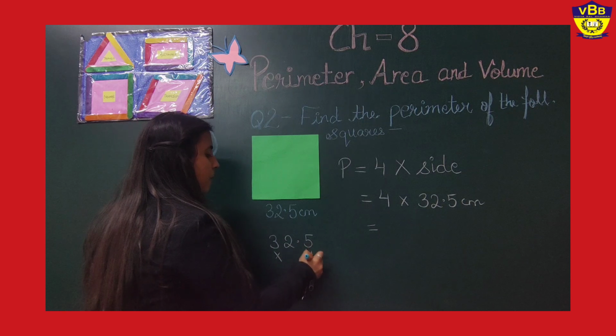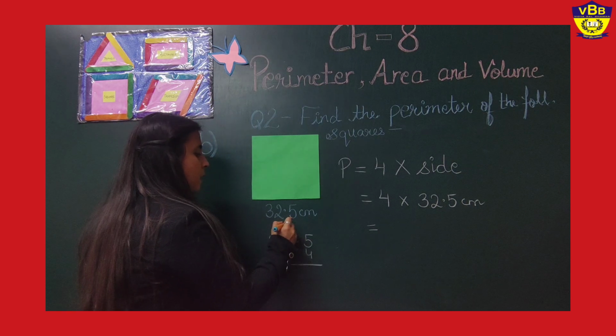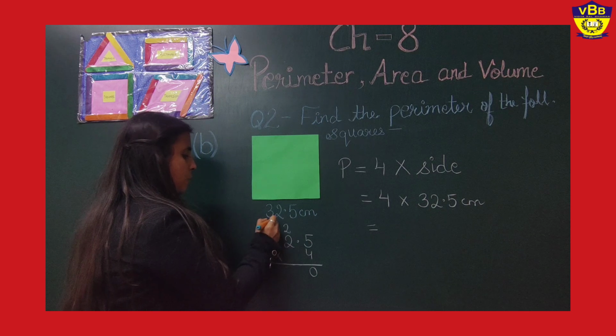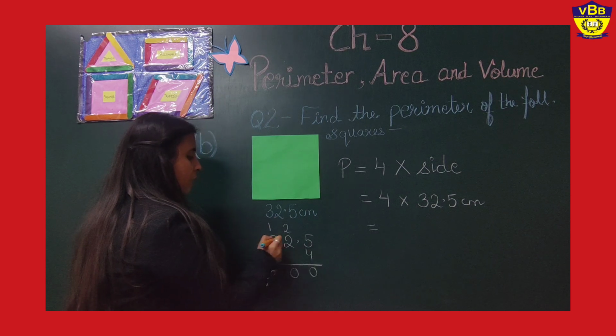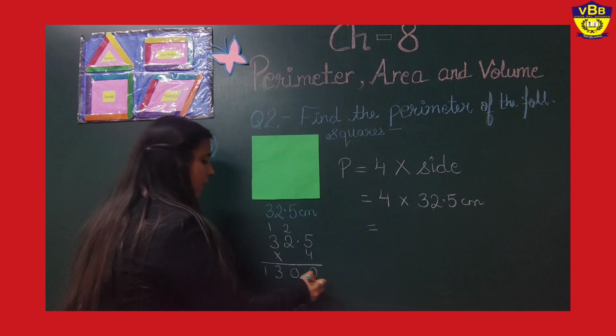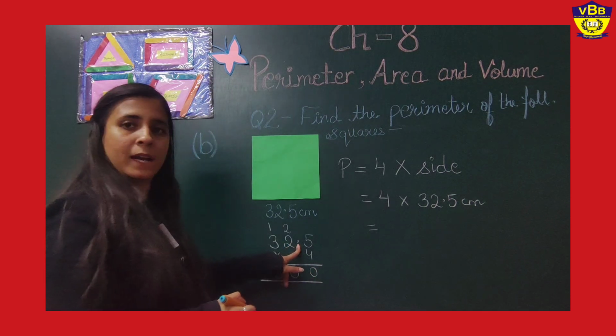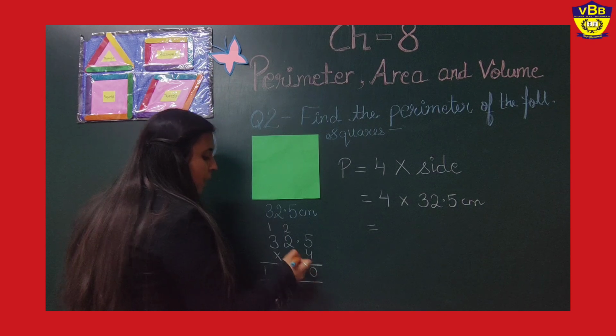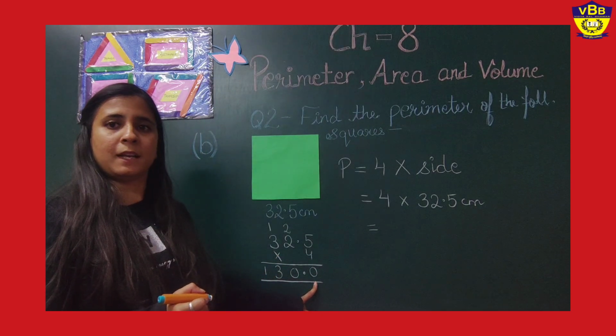32.5 multiplied by 4. 4 5s are 20. 4 2s are 8 plus 2 10. 4 3s are 12 plus 1 13. In our question only one digit is there in decimal. So in our product as well only one digit will come in decimal.